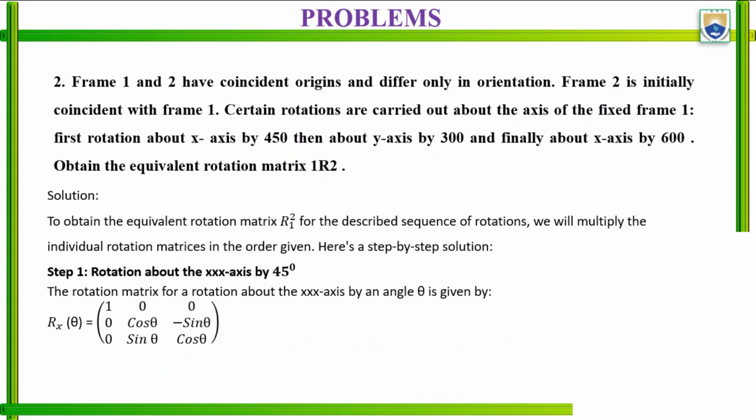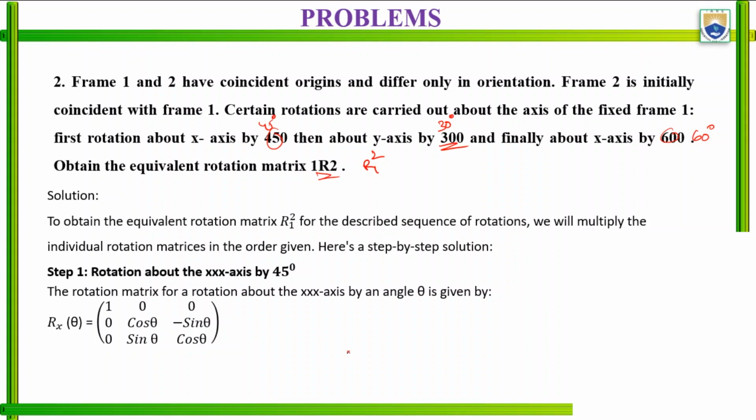First, the rotation about x-axis is 45 degrees and about y-axis it is 30 degrees. And finally about x-axis, it is 60 degrees, which is obtained as the equivalent rotational matrix for R1 to 2, right? For R1 to 2.